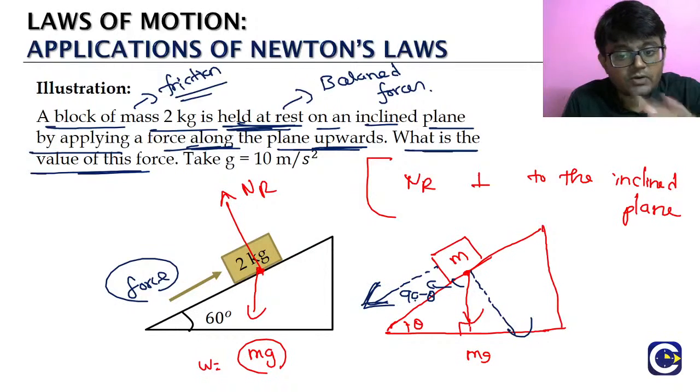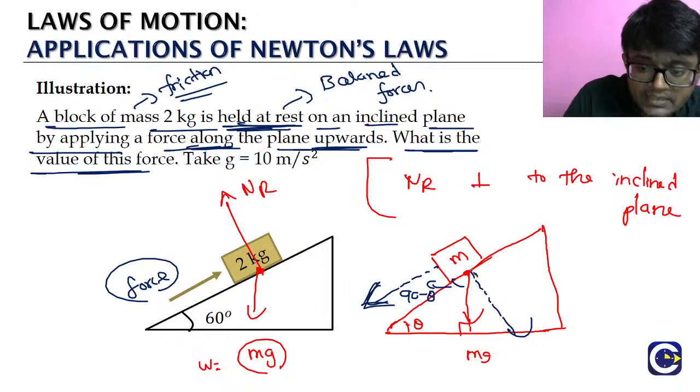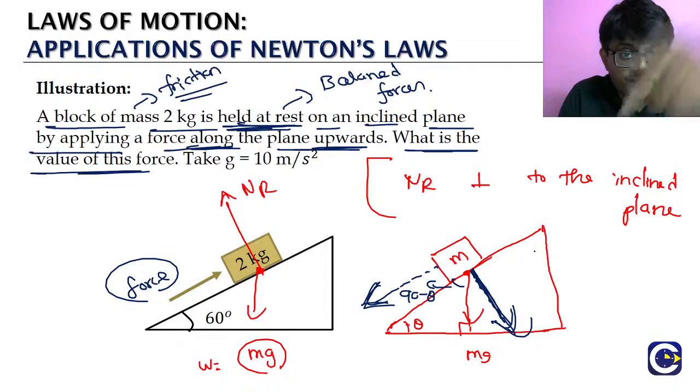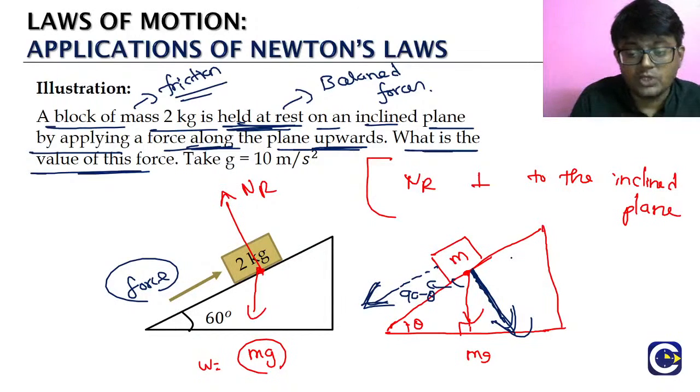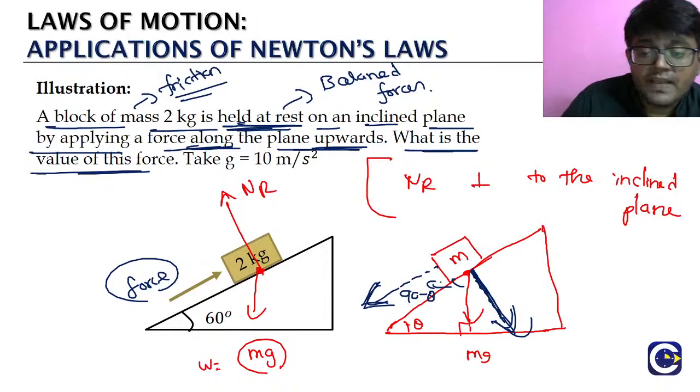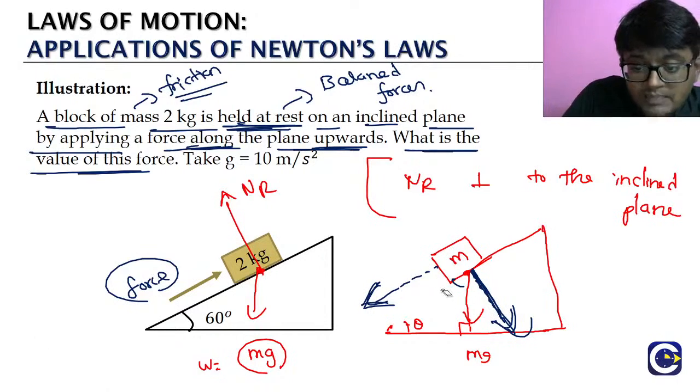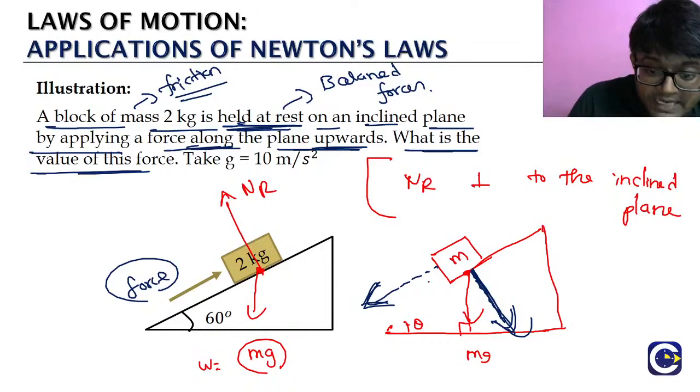The second is perpendicular to the plane, which is also downwards. So if we resolve the weight, you will get two components. One component is along the plane downwards. The second is perpendicular to the plane, and that is also downwards.